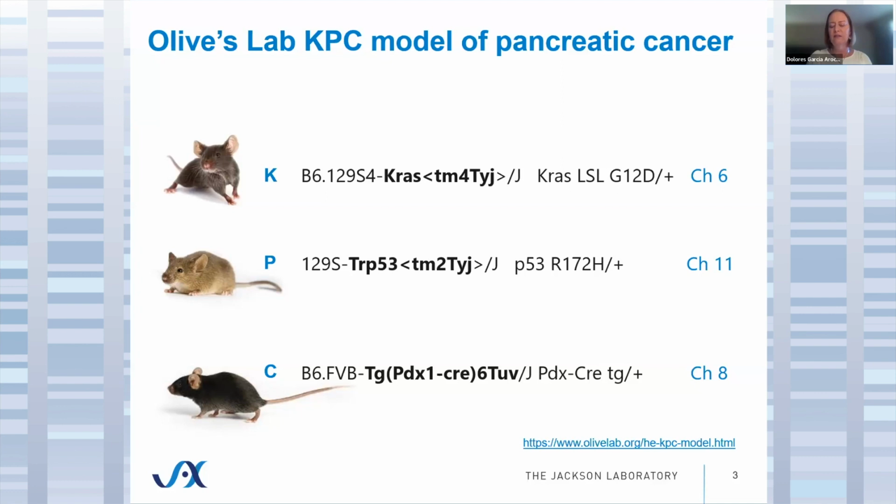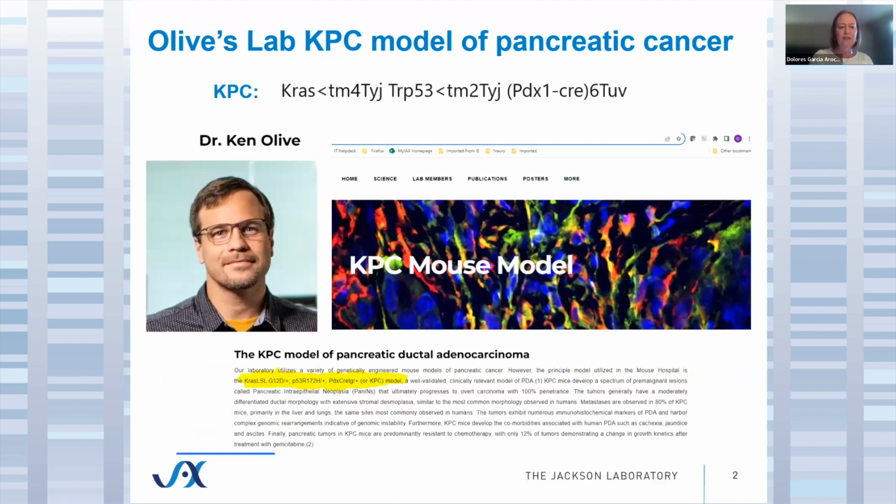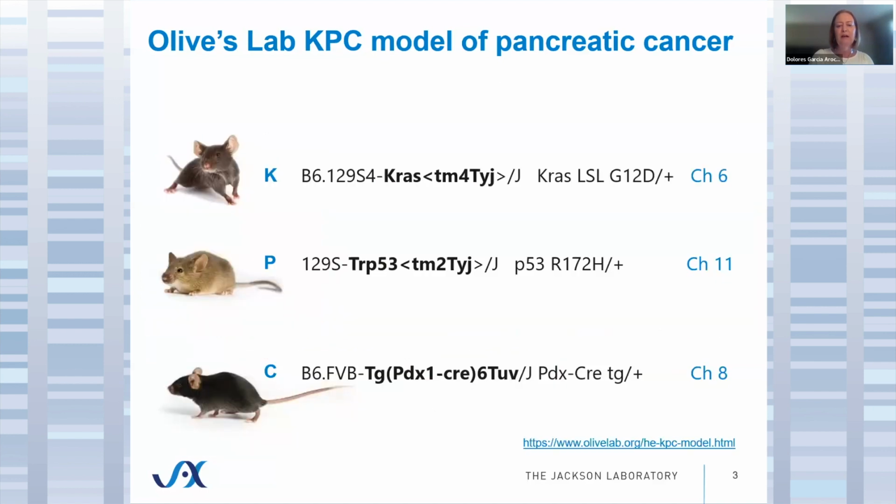Only when Cre is in the model will that stop codon be deleted, and then the malignant mutation will be expressed. So that's what the KPC model is about. This was published by Hingorani et al. from the Olive Lab in 2005. And as you can see, the mutations are in 3 different chromosomes, so that shouldn't be an issue.